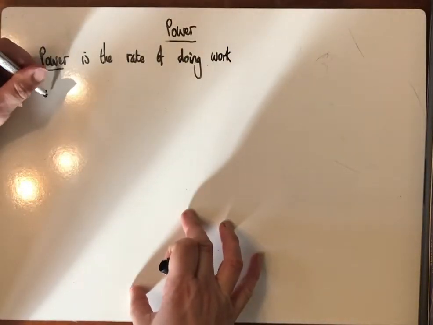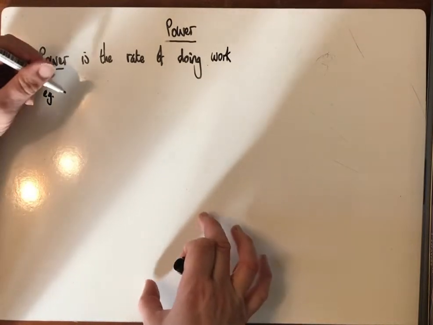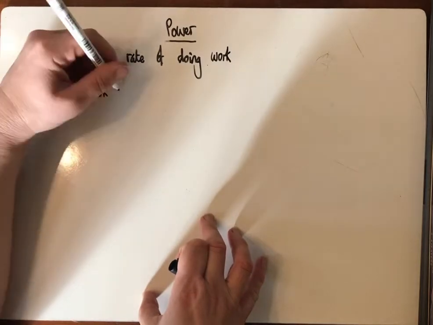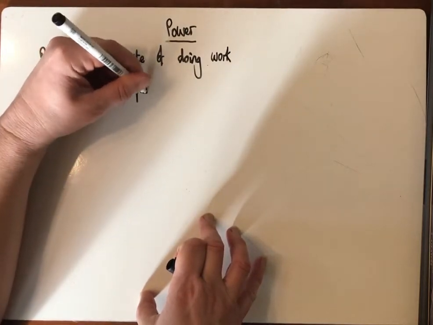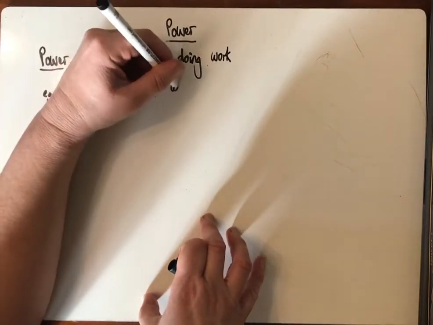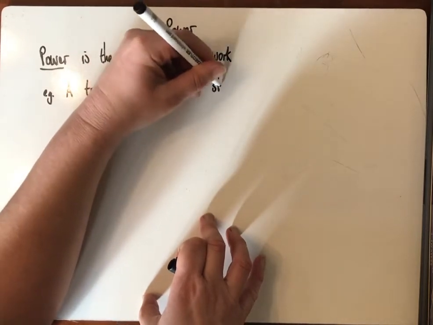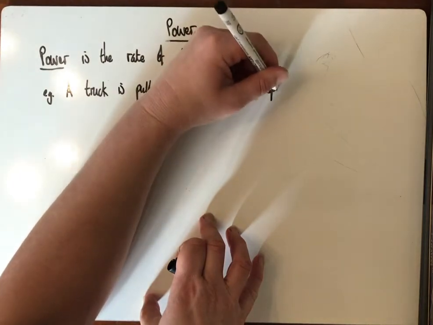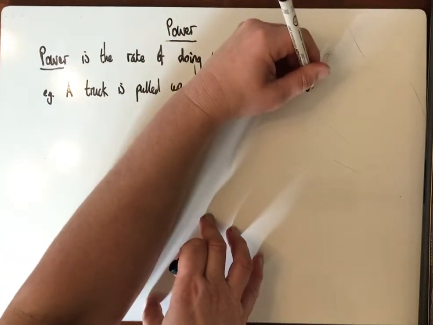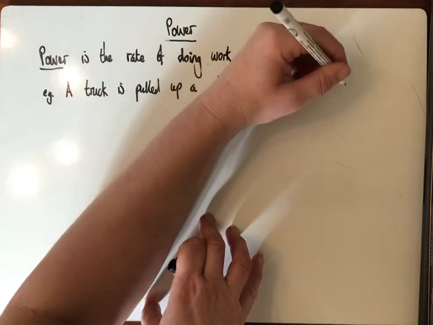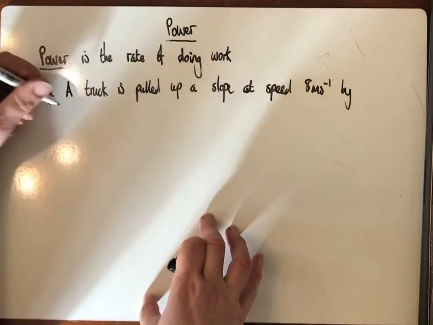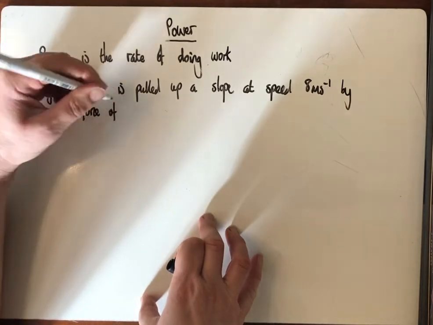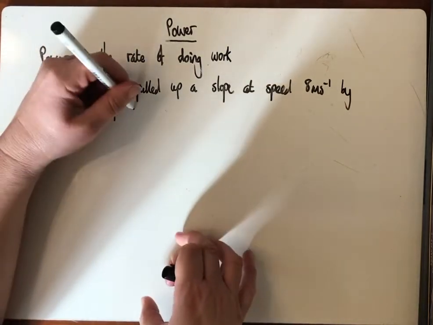So, for example, a truck is pulled up a slope at speed 8 meters per second by a force of 2,000 newtons.